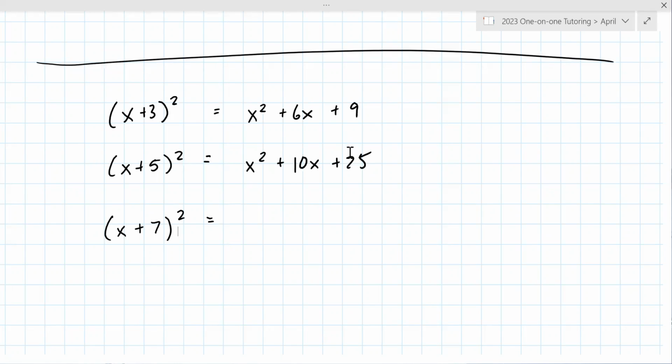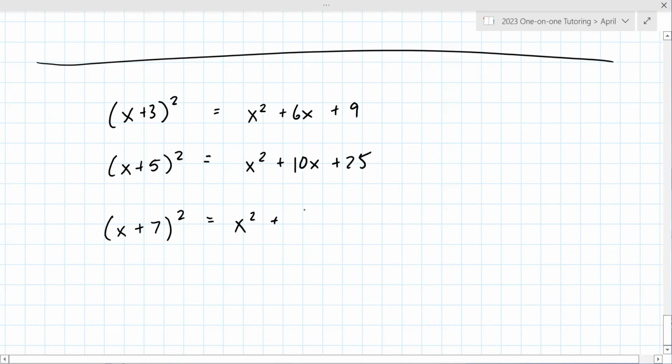Yeah. So go ahead and try this one, please. Okay. X squared plus 14x plus 49. Yes. Try this one here, please.